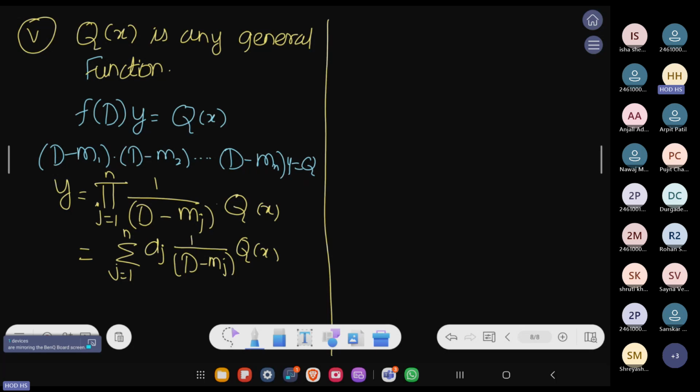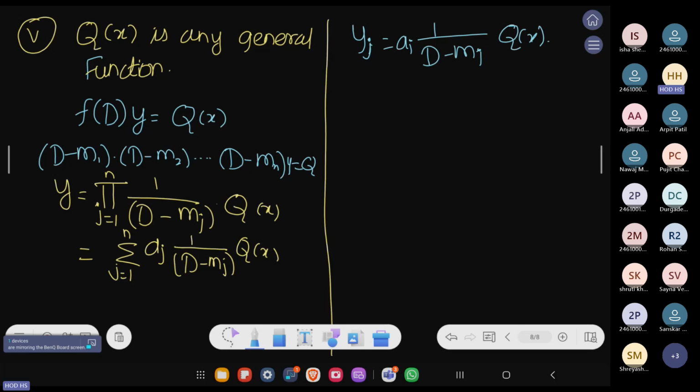I can do this. Now, notice that this is a separate problem. My particular problem is to calculate my yj as 1 upon aj times d minus mj of q of x, right? And summation of all yj's will give me my complete y.